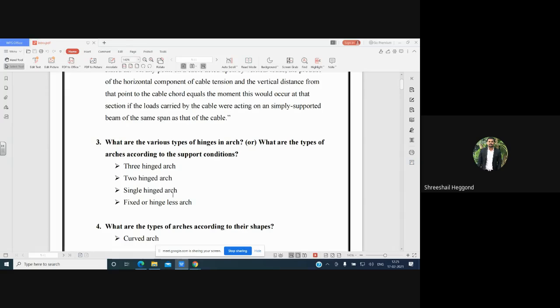As you know, the fixed or hingeless arches are building structures. There will be no hinge in between. It is completely a fixed arch.